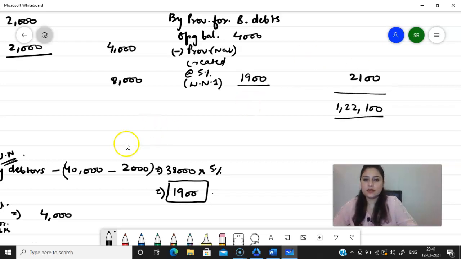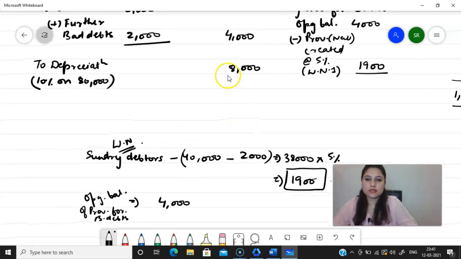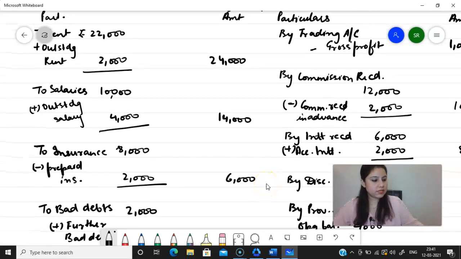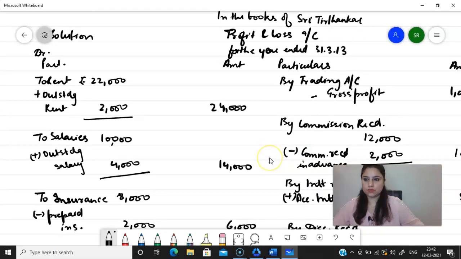And here, by reducing all the expenses from the total, we will have minus 8,000, minus 4,000, minus 6,000, minus 14,000, minus 24,000. That's it, minus 24,000.